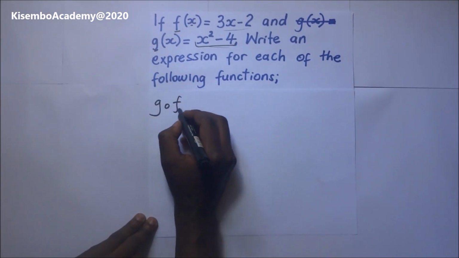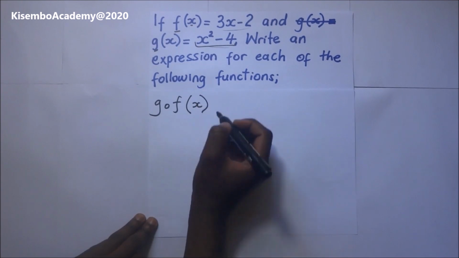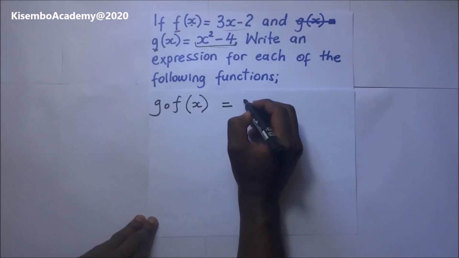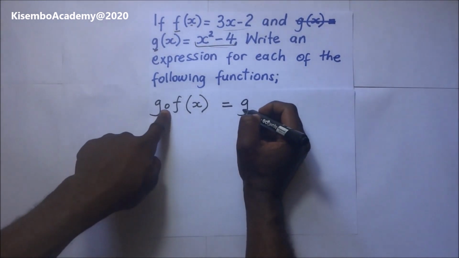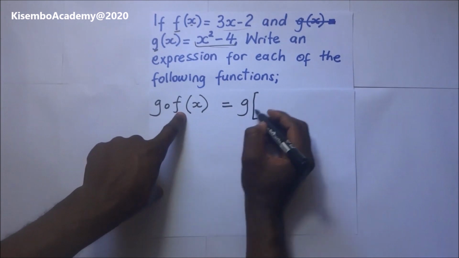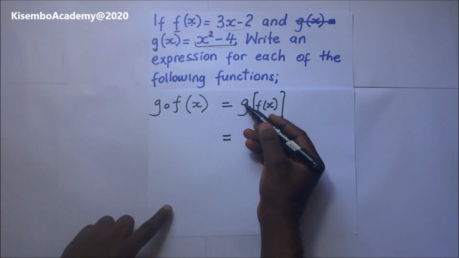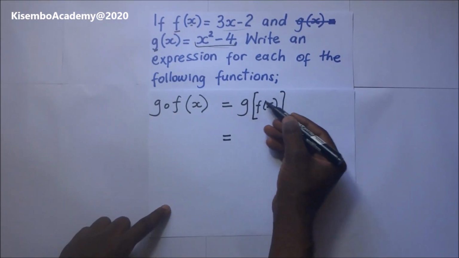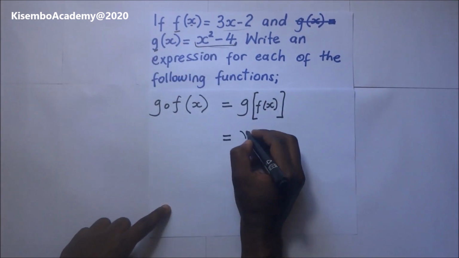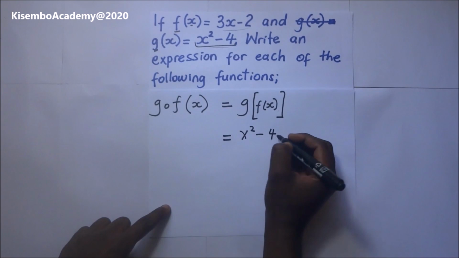Then we have g f of x. This is the same as saying g, small round circle, f of x, where the input is f of x. So what is our g of x? Our g of x is x squared minus 4.